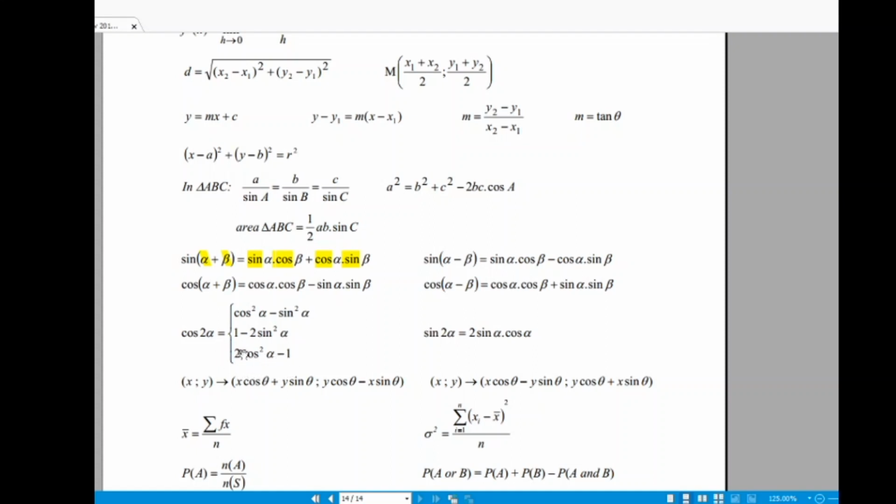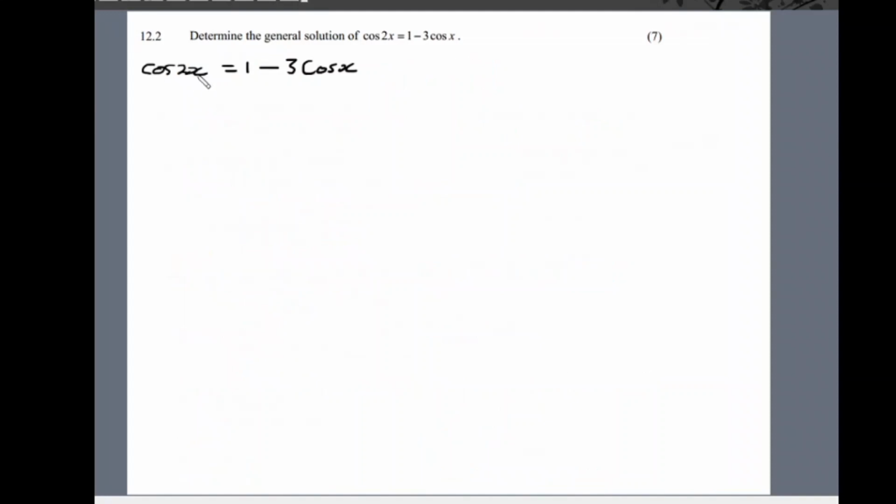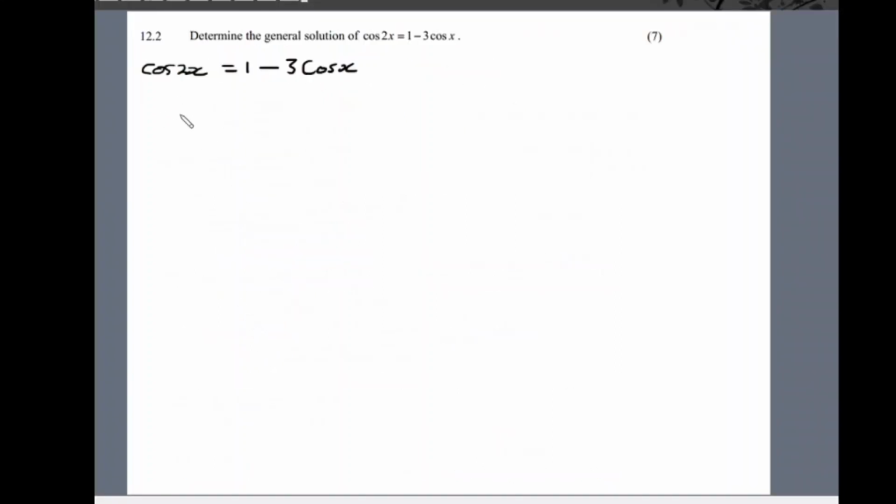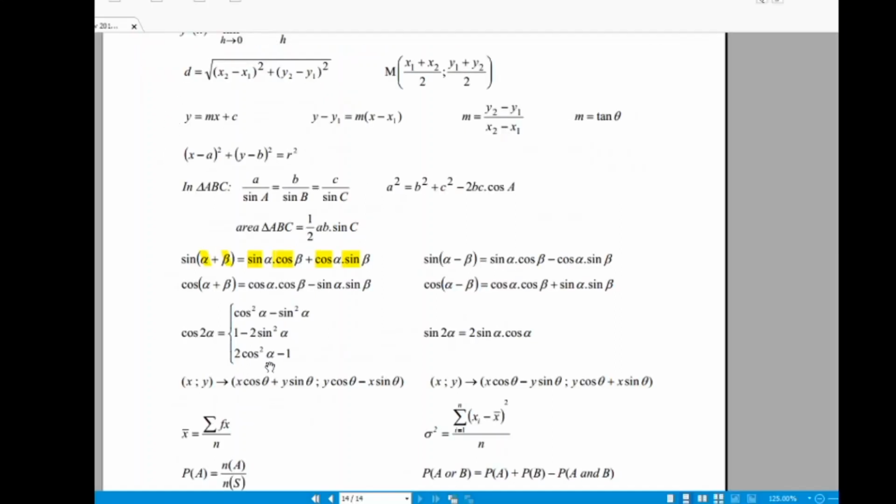So kumele choose from these three ukuthi uzokureplace cos 2x ngayiphi, right? Because kule equation I don't have the trigonometric ratio yaka sine, I wouldn't choose the identity eno sine, so I would choose the one with cos only, ne? So I will choose the third one, right?